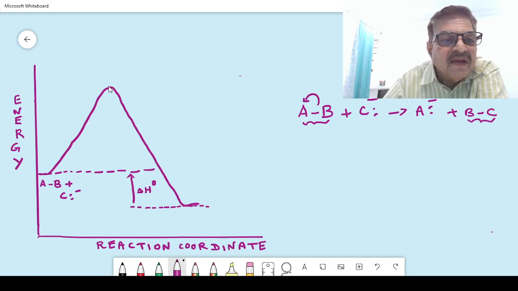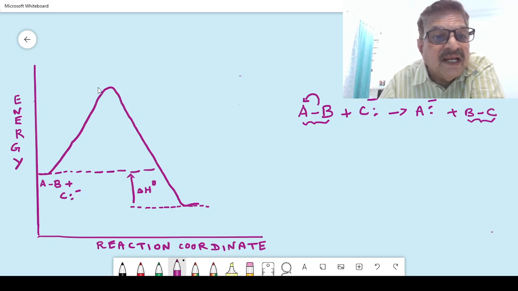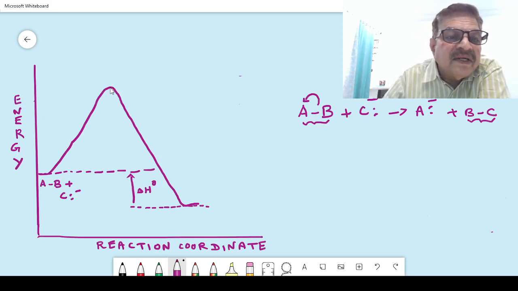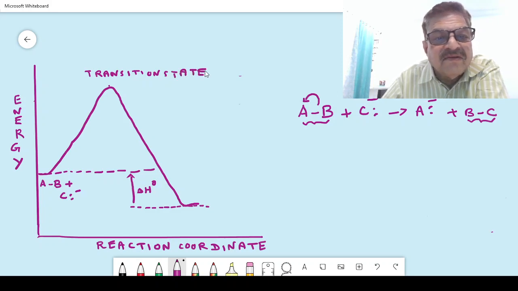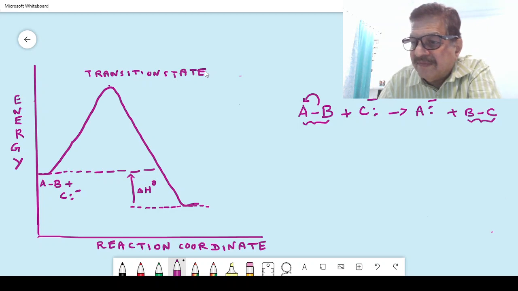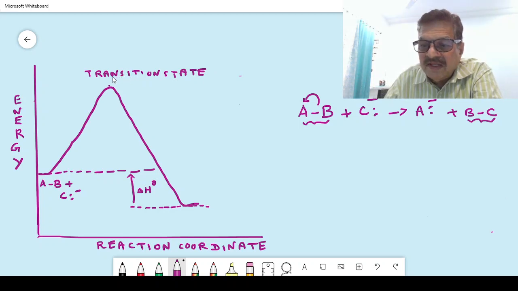So this point, this is the energy hill, or this is the transition state here. Okay, of the reaction, transition state. Or this is also known as the energy barrier here. Correct?